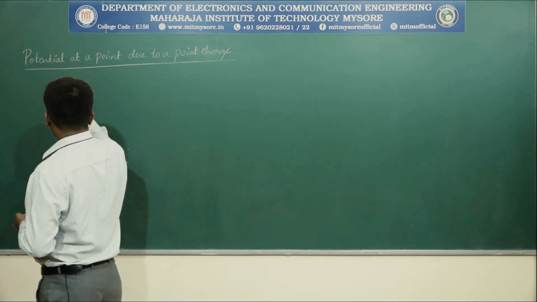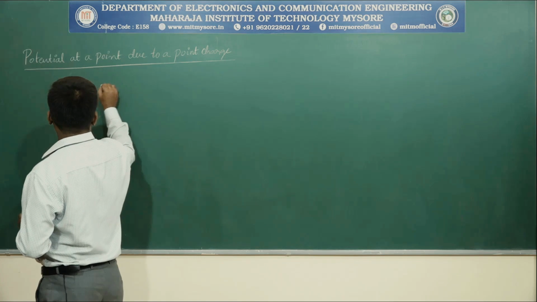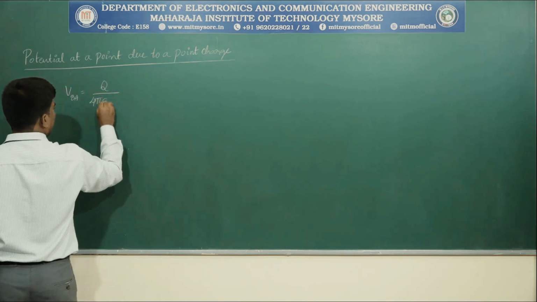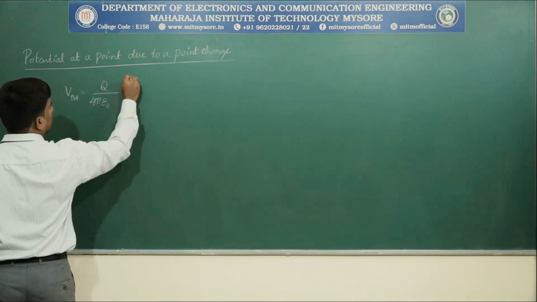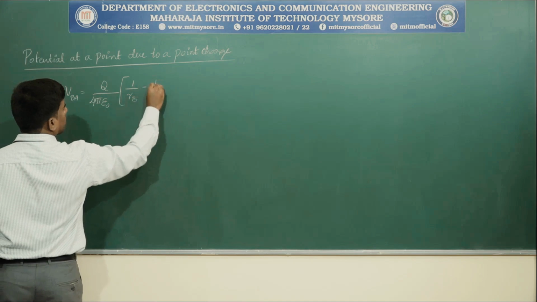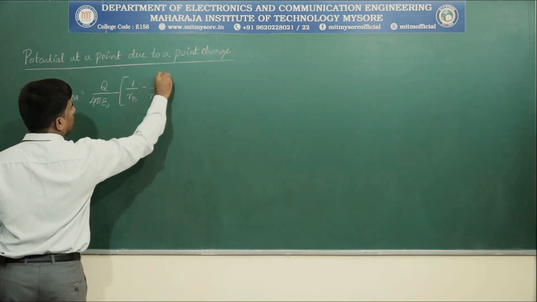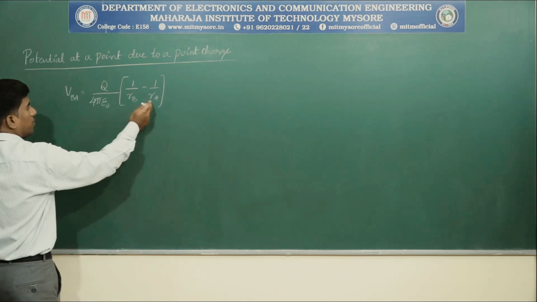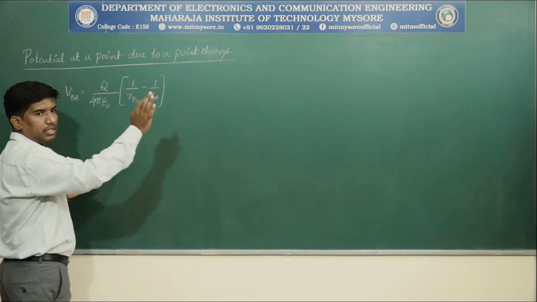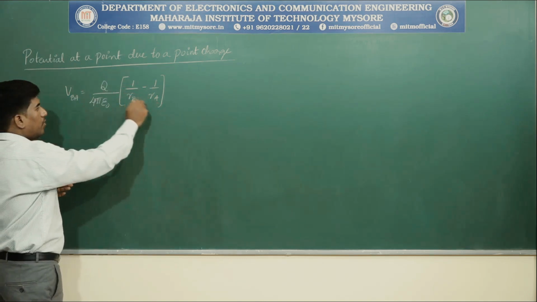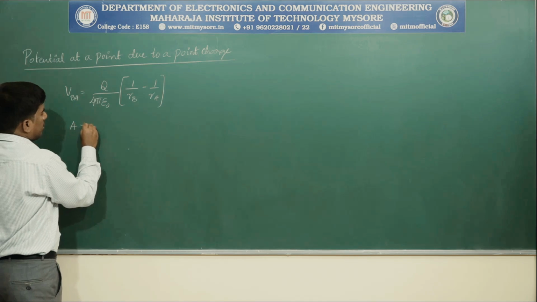VBA is equal to Q divided by 4 pi epsilon naught into 1 by RB minus 1 by RA. According to the definition of potential, we need to push the unit positive charge from infinity to a particular point. Now point A is at infinity.